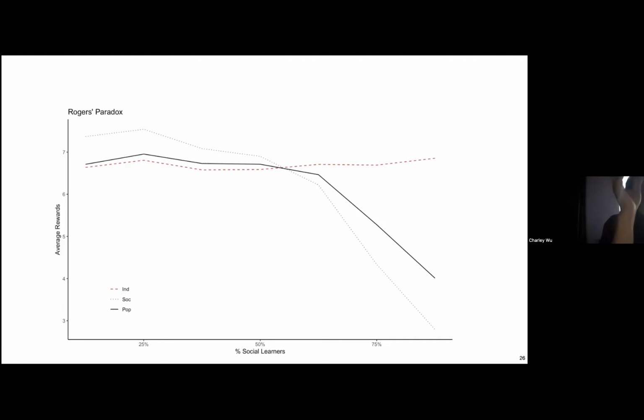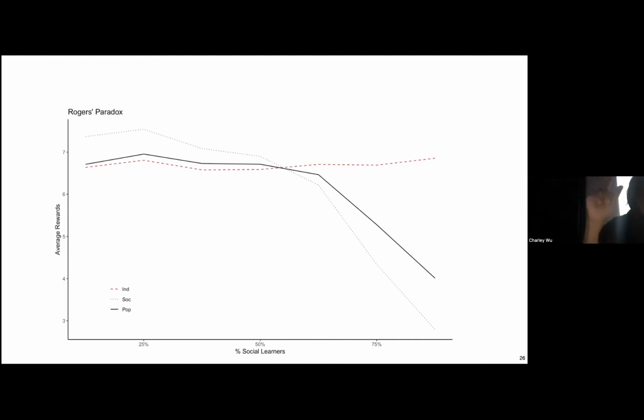But in a population where everyone is an asocial learner, it's a good idea to be a copier, because everyone else is learning, and you can just join the effort, copy them, and have a benefit. But that's true for everyone else.